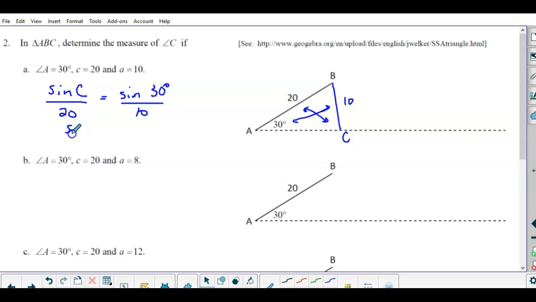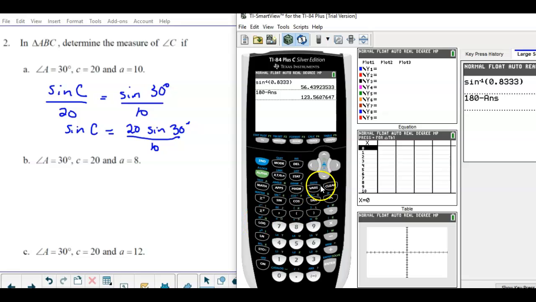So sine of C equals 20 sine 30 over 10. I'm writing a little bit too big, but in any case, we'll go 20 sine of 30 divided by 10.